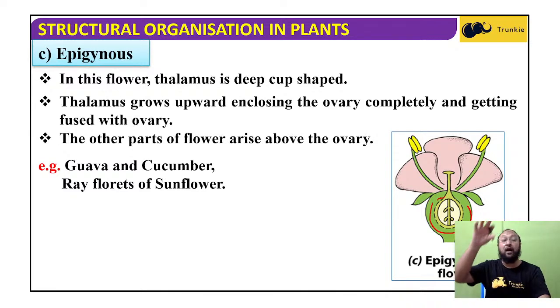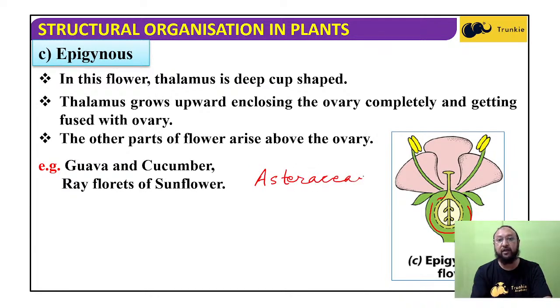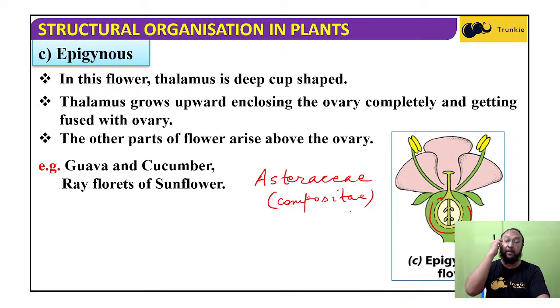Among the angiosperms, the most evolved are the dicotyledons, and among the dicotyledons, the most evolved is the family Asteraceae, earlier called Compositae. The sunflower belongs to Asteraceae. Since you are preparing for the NEET examination, you should remember Asteraceae. Earlier it was named Compositae, now it is named Asteraceae, a dicot family, and it is highly evolved.